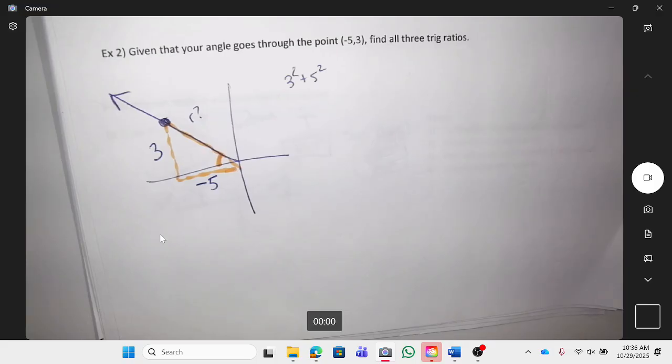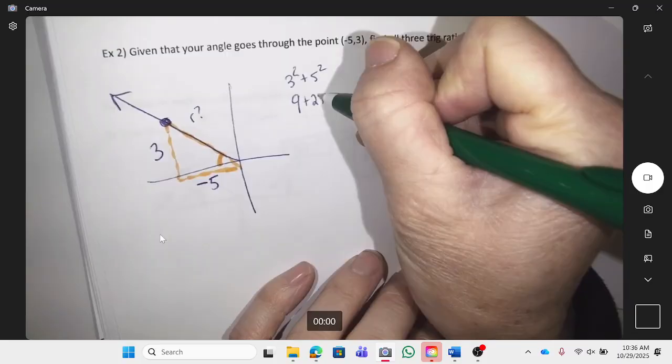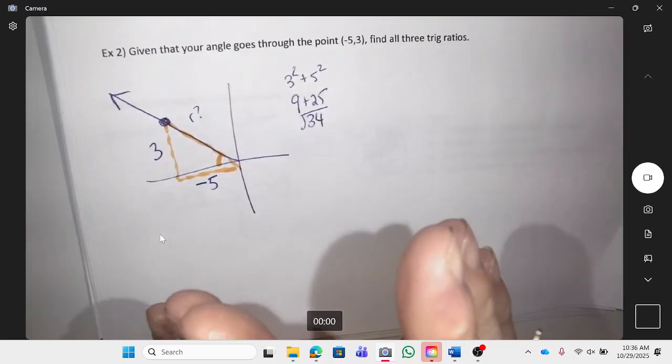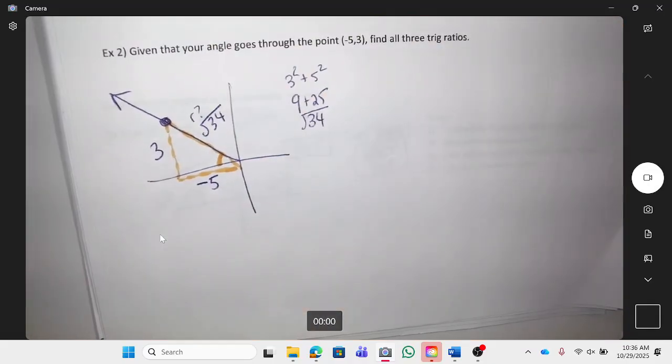The negative is just a location thing. It's not a math thing. And this is going to go for all this trig stuff. What am I at here? 9 plus 25, that's 34, right? Is that a nice square rootable number? No. So I have to just leave it. I don't want to decimal it. I'm just going to leave it alone like that.